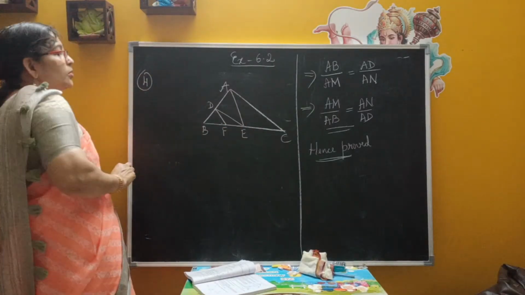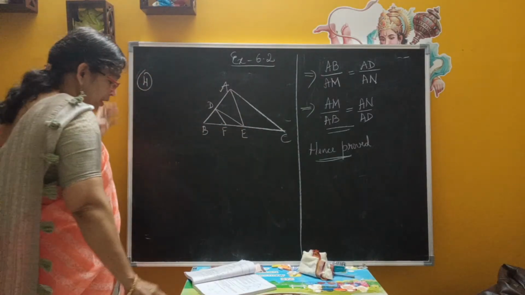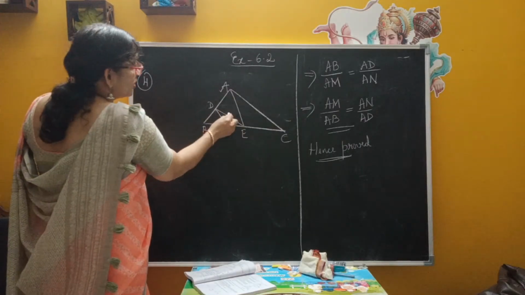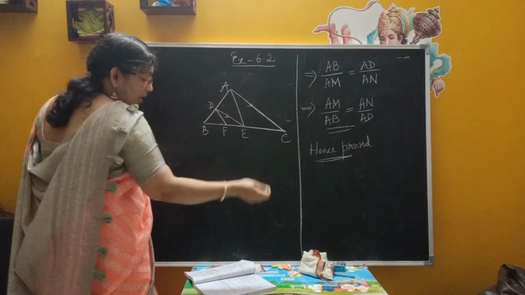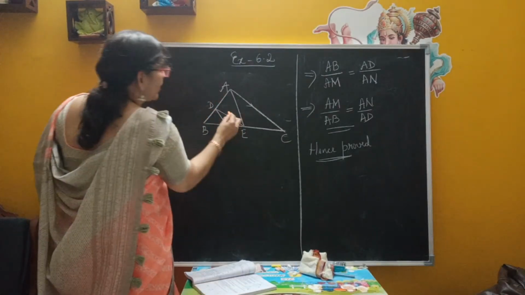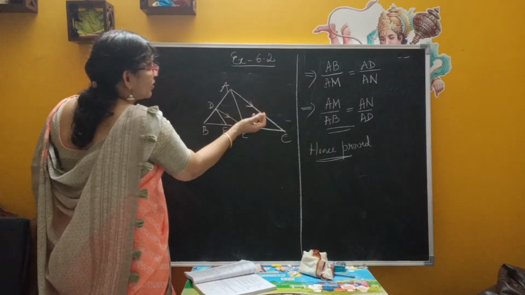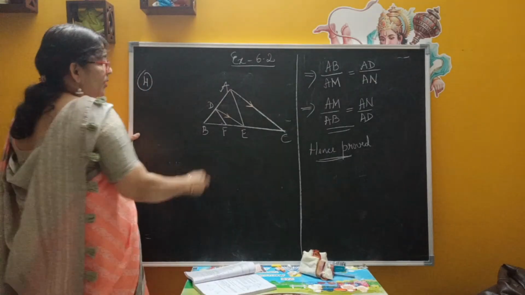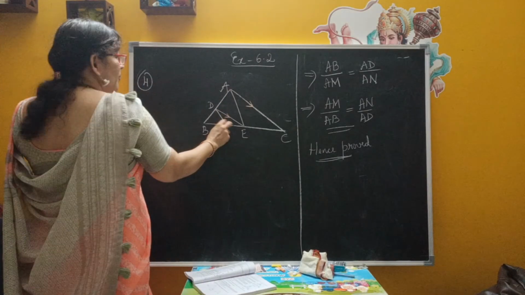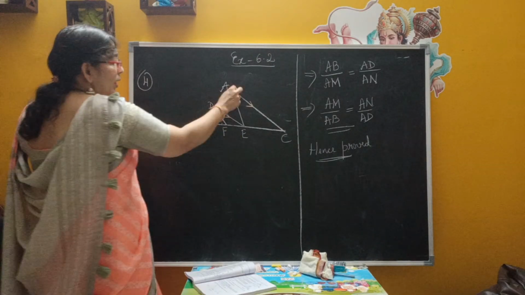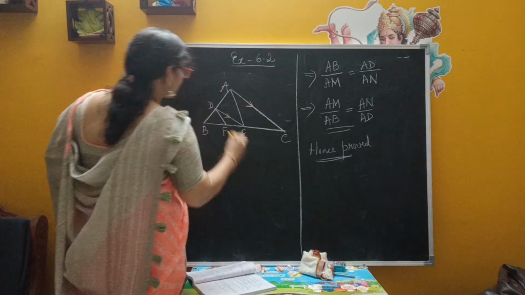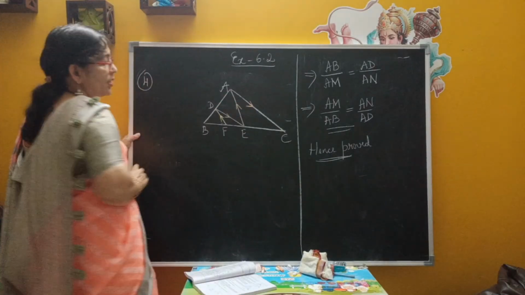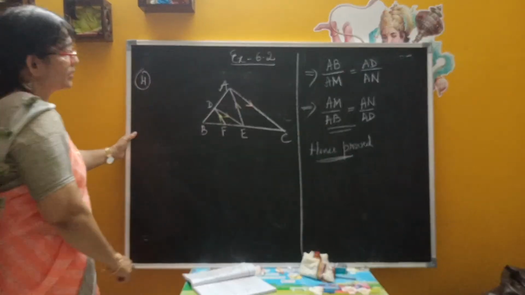DE is also joined. What is given in the question? DE parallel to AC. Which one? This one. DE parallel to AC. It is given. And another one, DF parallel to AE. Another set of parallel lines.